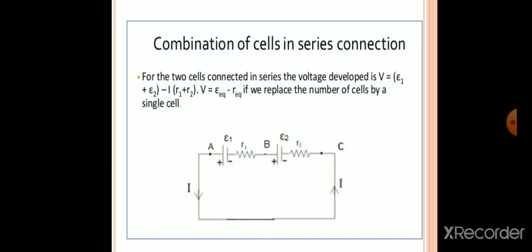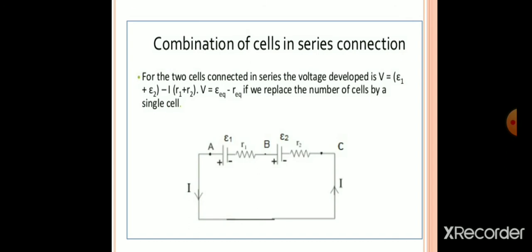Let the two cells connected have EMFs E1 and E2 and internal resistances R1 and R2 respectively. Then the effective voltage of the combination of these two cells is given by V is equivalent to E1 plus E2 minus I into R1 plus R2.